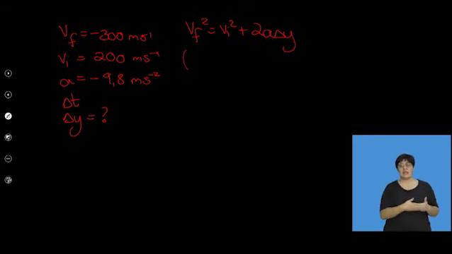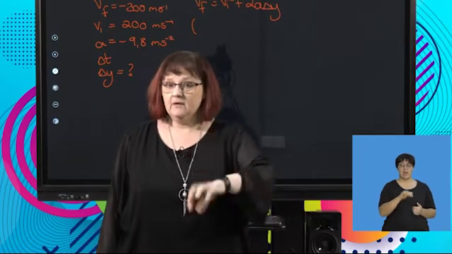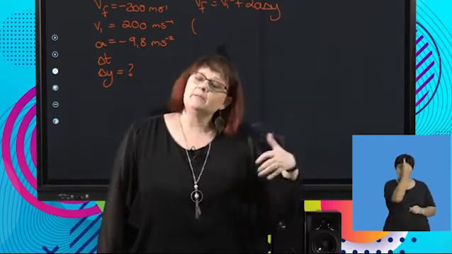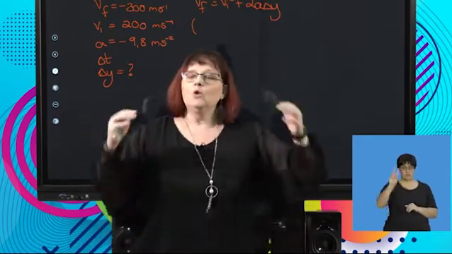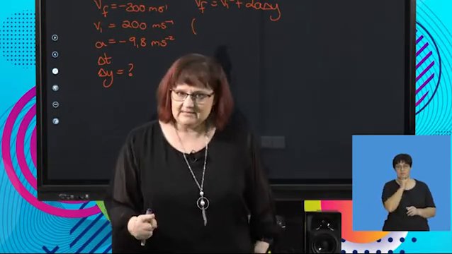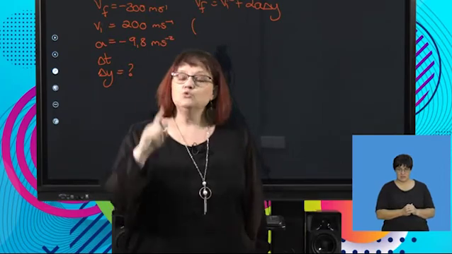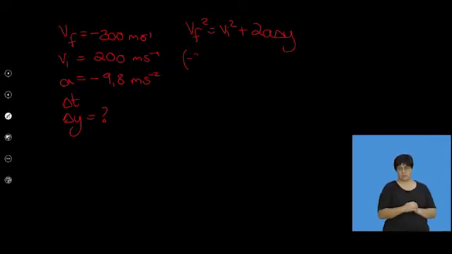Please be careful. Now, this is a note. I've made up a positive. I know that when I put in the minus 300 into the v squared, when I square it, it's going to end up being a positive. That doesn't matter, okay? You still substitute in the negative because it is negative.